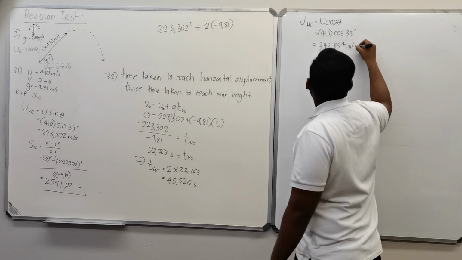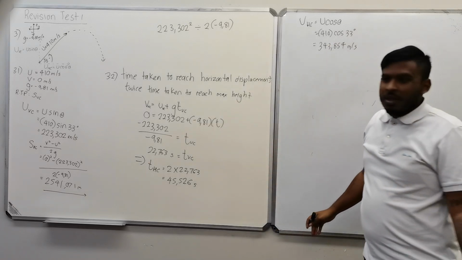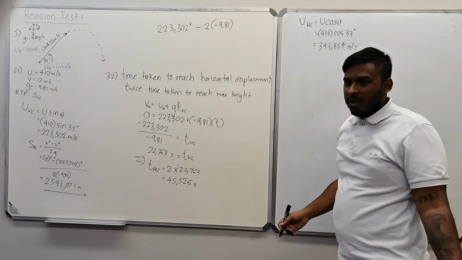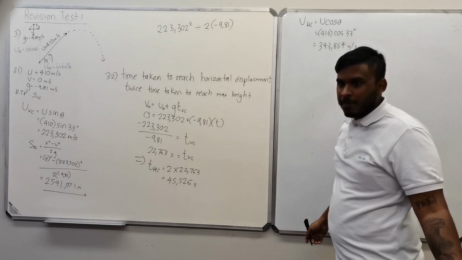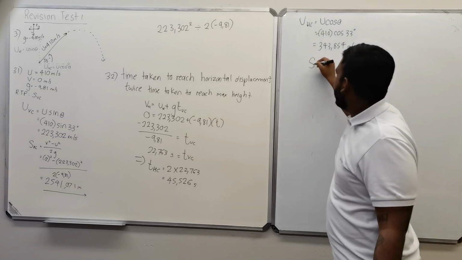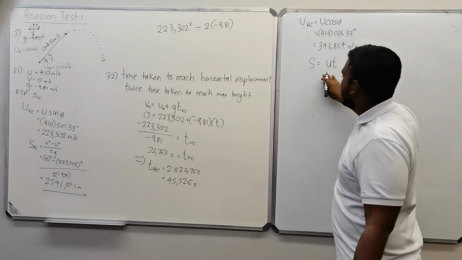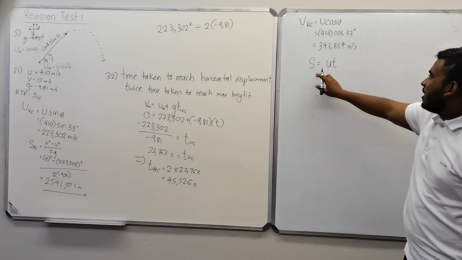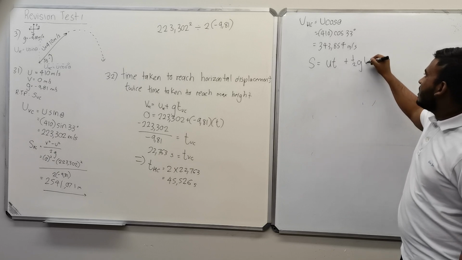Now, your displacement. How would you get that? What formula would you use? Remember this formula here: S is equal to UT plus half GT squared.